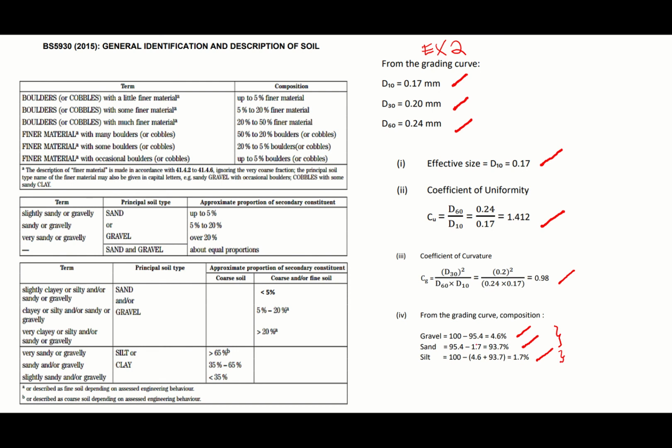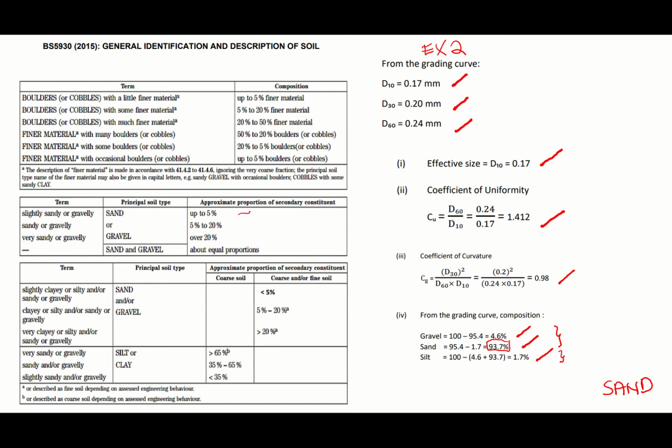Obviously the majority is coarse grain soil, and the primary constituent is sand. So you can immediately put the primary constituent of soil, which is sand.